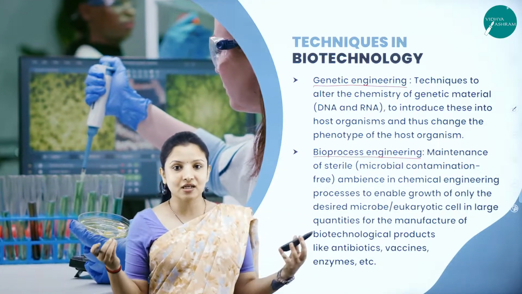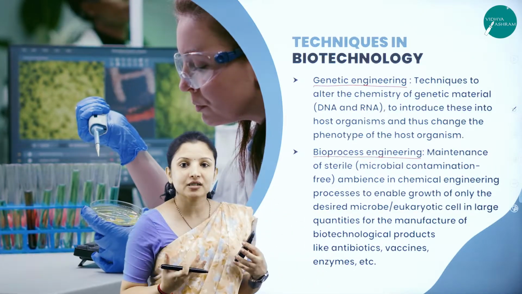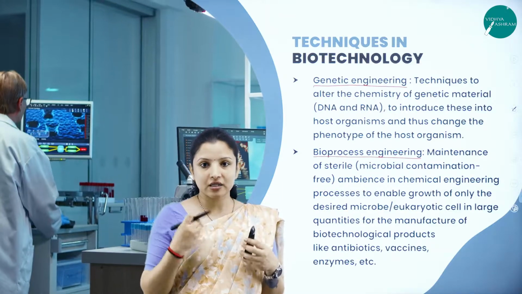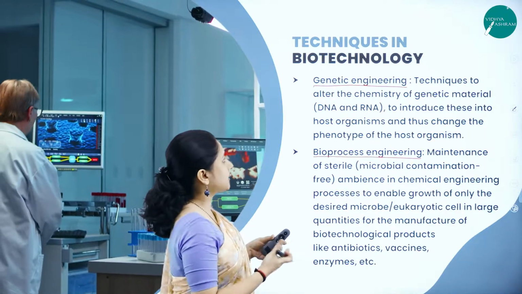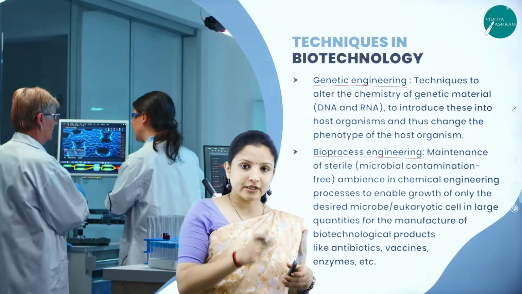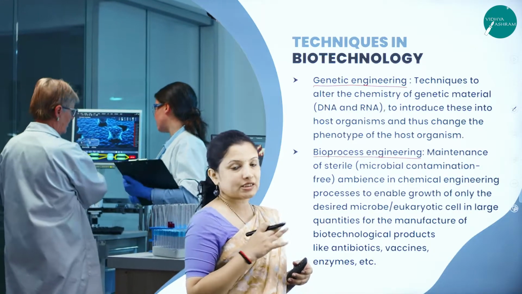Artificially something is created or constructed. So even here, what is being constructed? Genes are being constructed. The genes of our interest that are needed are being constructed in the case of genetic engineering. Therefore, for biotechnology, one of the important tools or techniques that is used is genetic engineering.